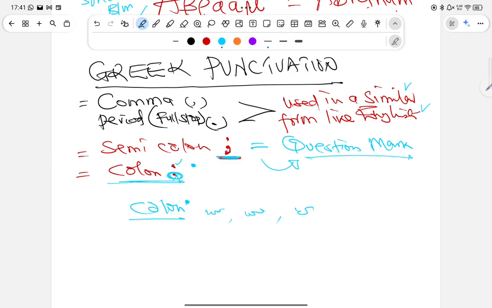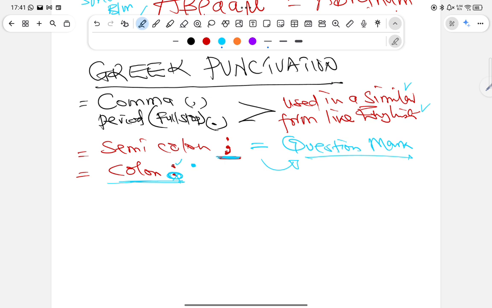Then what is supposed to be a colon has the top dot without the lower one, written like this, and that is the colon in Greek, and it's not a mistake when you find that.